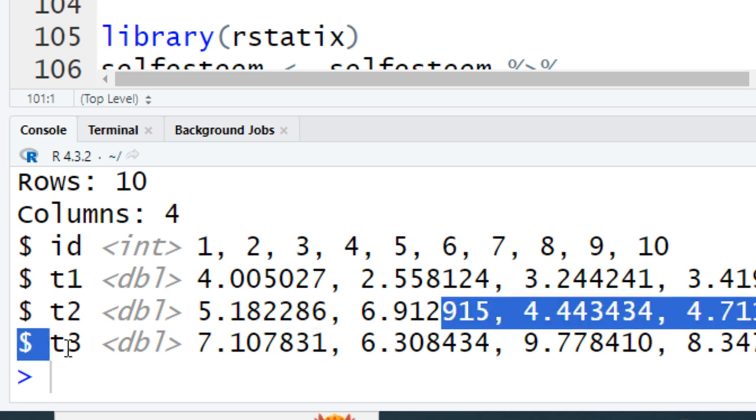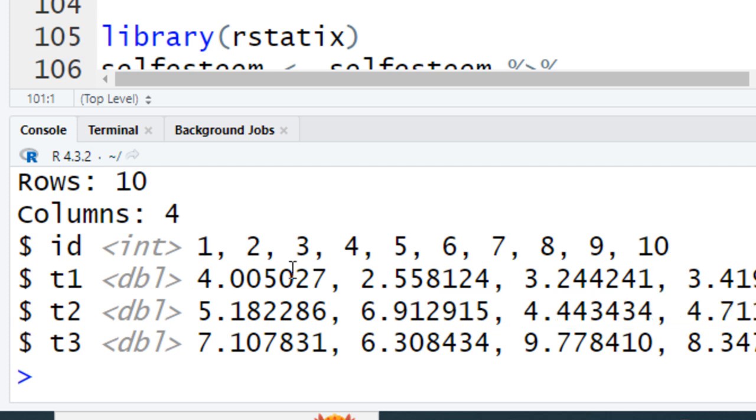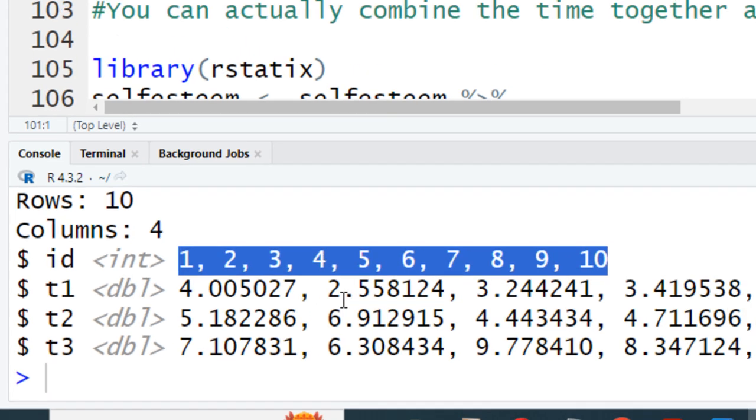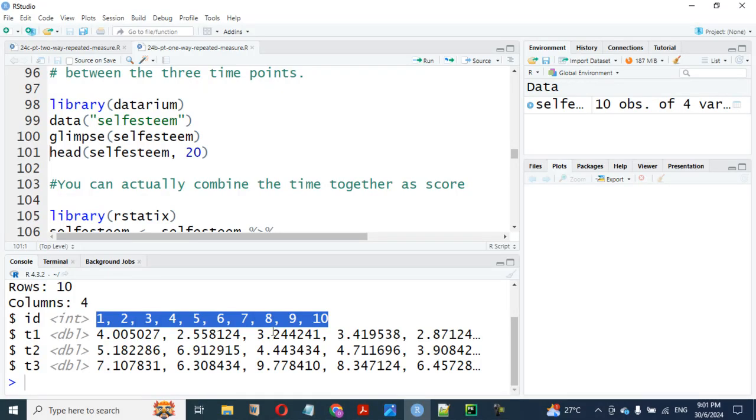The factor here is the score. These are the scores for different times for each individual. This is the same person, 10 participants for example, and this is repeated for T1, T2, T3, 3 times for the same participant. You understand what I'm saying?